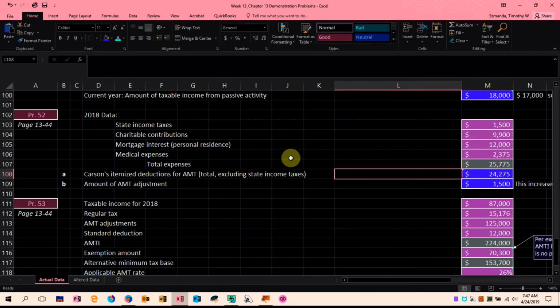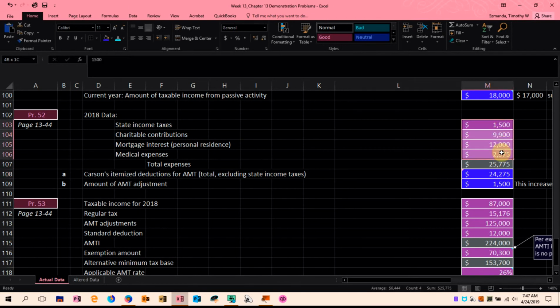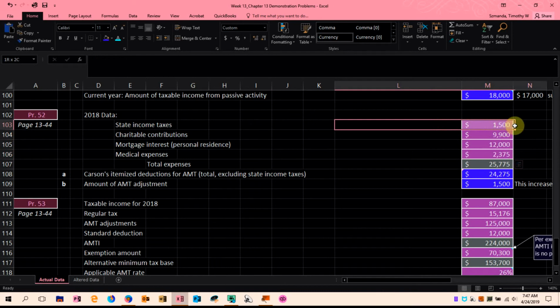One thing to remember is that as a result of the Tax Cuts and Jobs Act of 2017, it's really simplified things when you compare the regular tax system to the alternative tax system. And so all of these itemized deductions stay except for the state income taxes. Those are not allowed for AMT purposes.